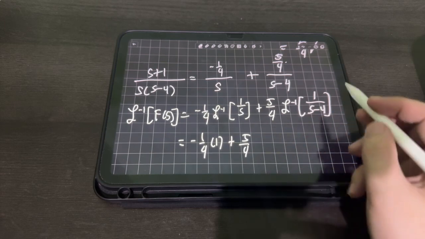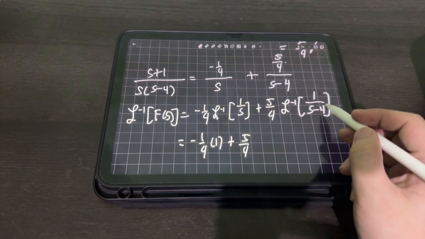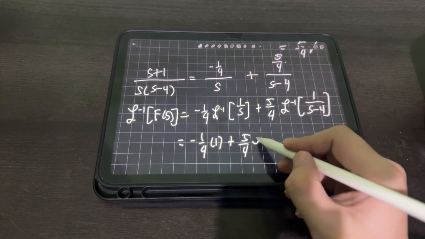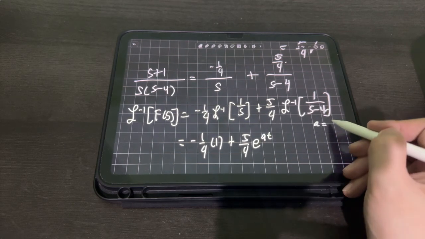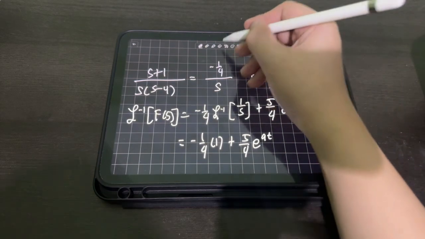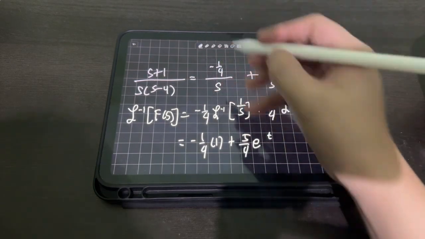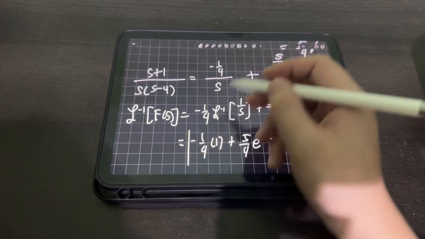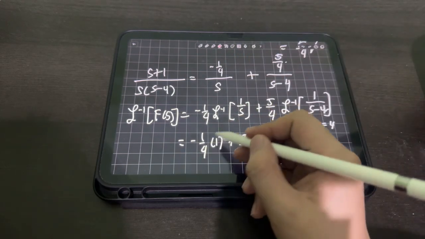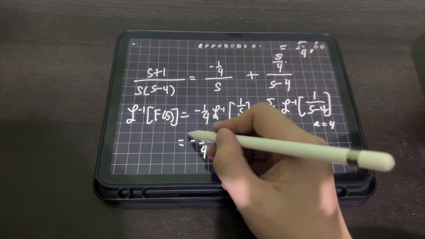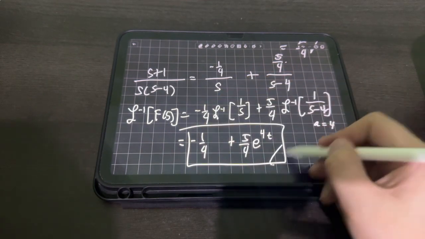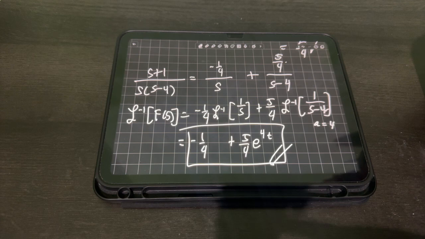Plus 5 over 4, inverse Laplace transform of 1 over S minus 4 is e raised to at, again, but a is equal to 4. So replace a with 4 here, we have e raised to 4t. And negative 1/4 times 1 is just negative 1/4. So the final answer is negative 1/4 plus 5/4 e raised to 4t.